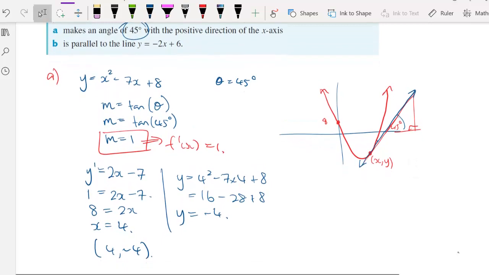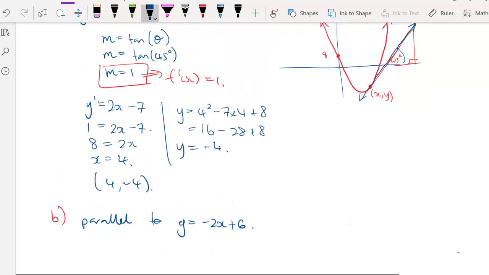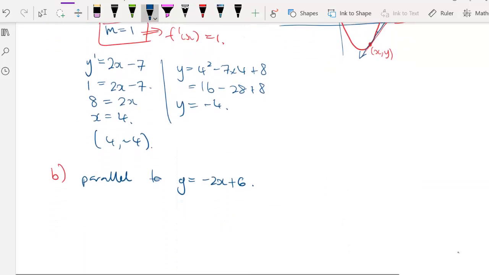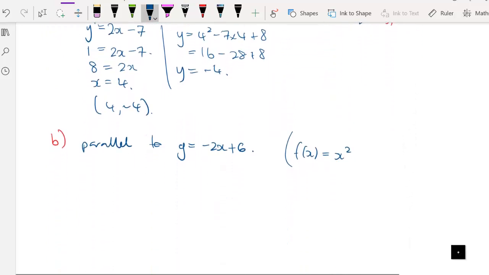Now the second one's a little bit easier. It says find the coordinates or the points of the curve with the equation, at which the tangent line is parallel to the line y equals negative 2x plus 6. Now the equation's the same, so we know that our actual equation f of x is equal to x squared take 7x plus 8.